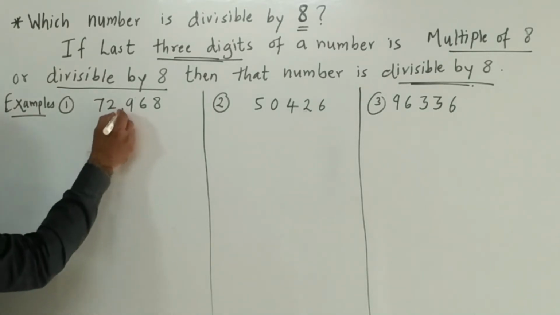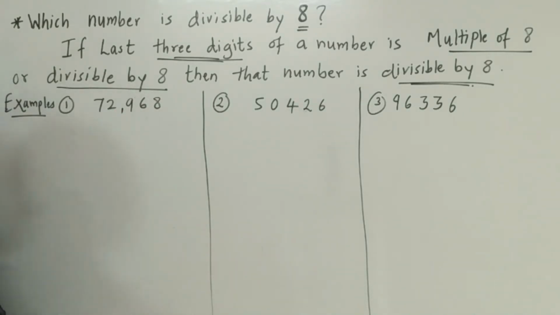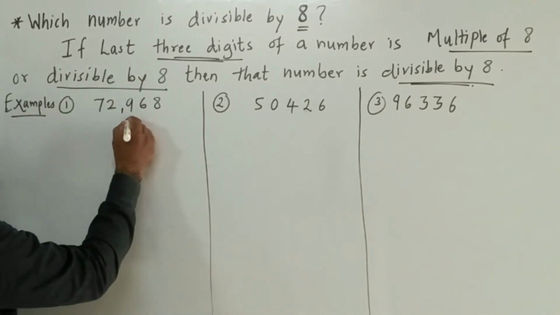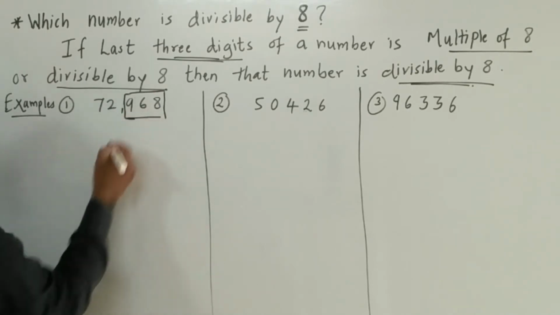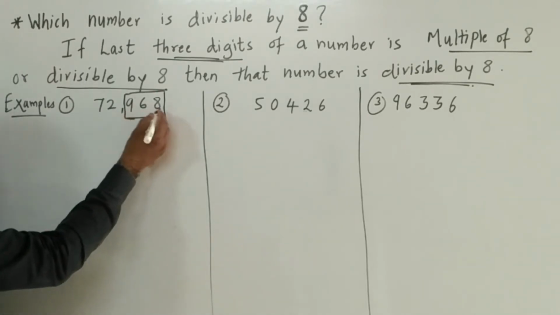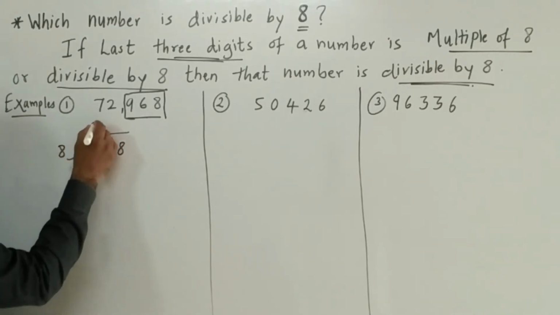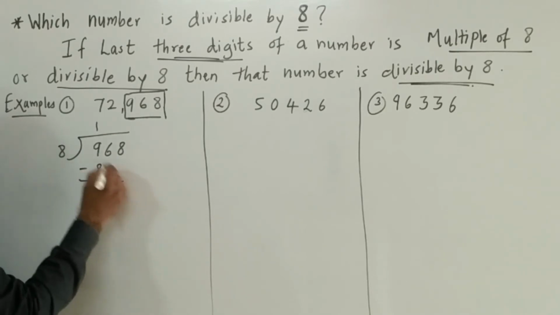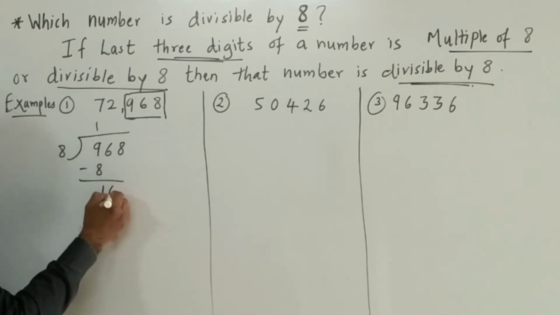Now let us see this number, 72,968. Is this number divisible by 8? So we have to consider the last 3 digits. The 3 digits are 968. Divide 968 by 8. 8 ones are 8, 9 minus 8 is 1.